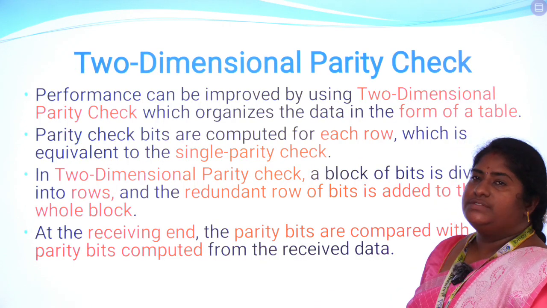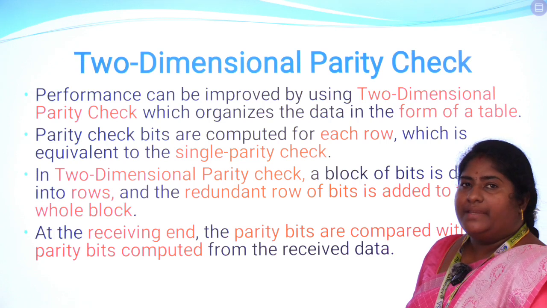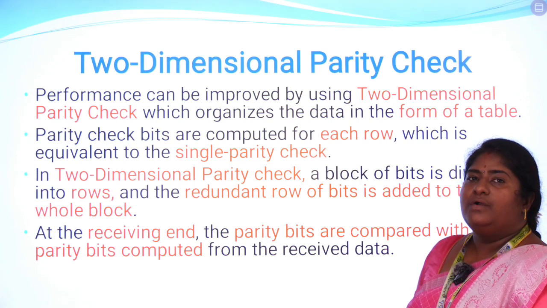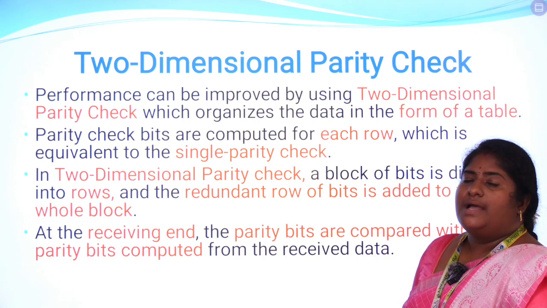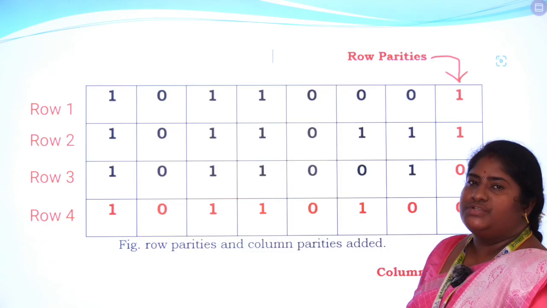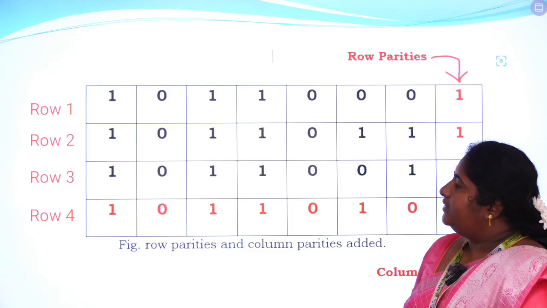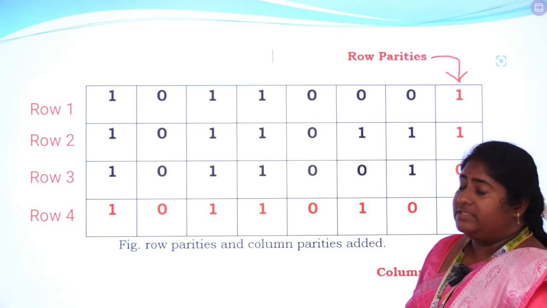So now we are going to discuss a two-dimensional parity check. Two-dimensional parity check means we are taking the original data in the size of blocks. Here there are 3 rows of data.